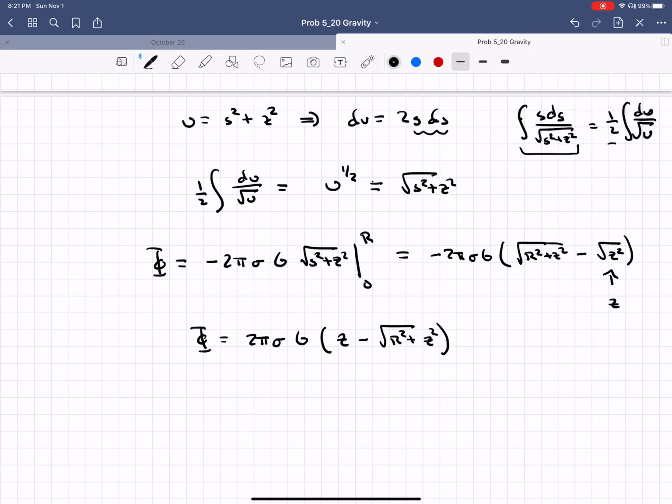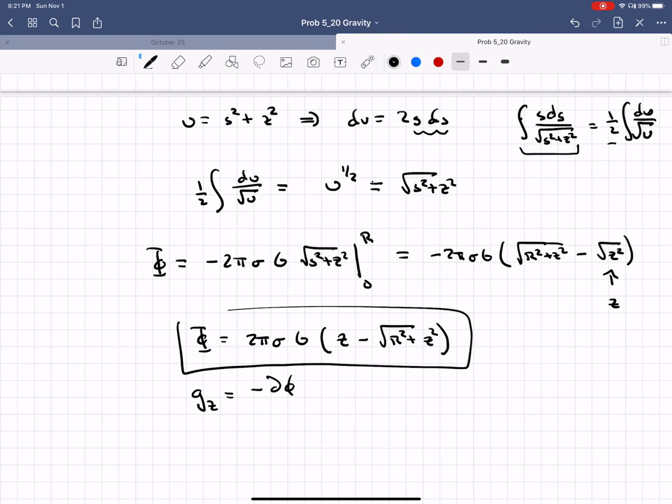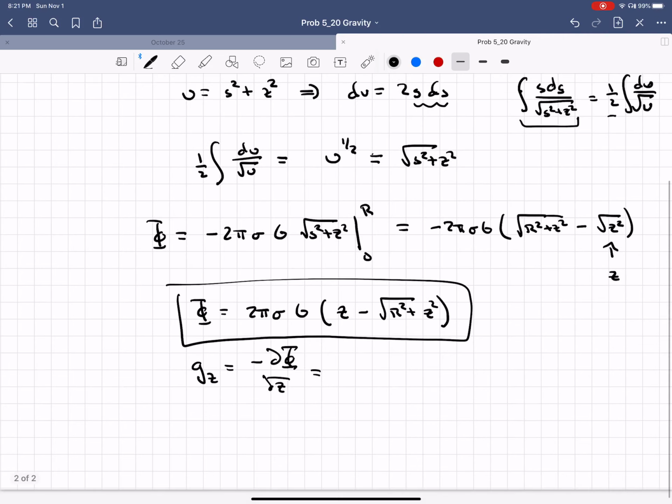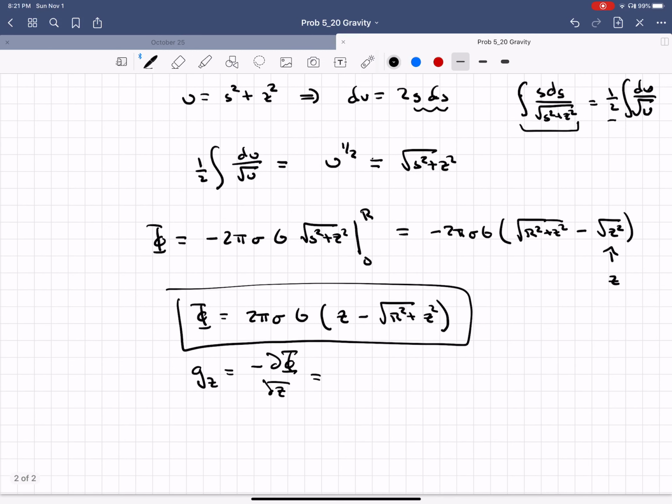Okay. So now what I want to do is compute the z component of the gravity field. So that's going to be minus the derivative of phi, this capital Phi, with respect to z. So I could have kept that minus sign then. So now I've got minus 2 pi sigma G. The first derivative of z is 1.